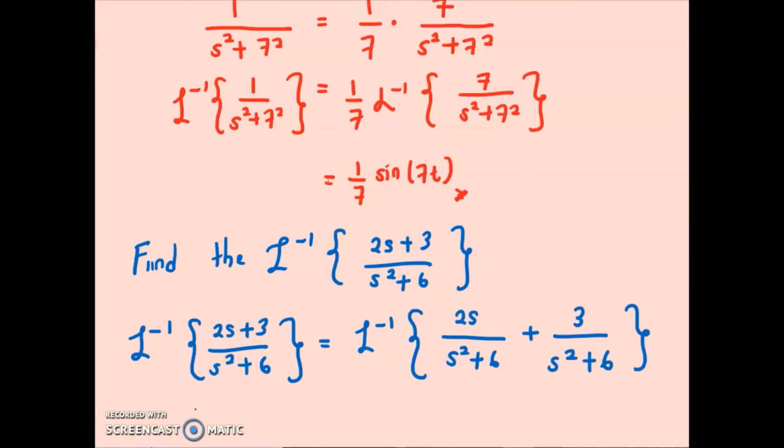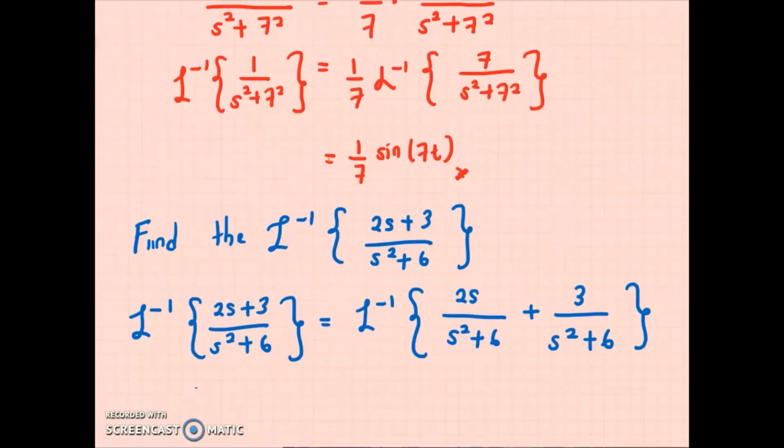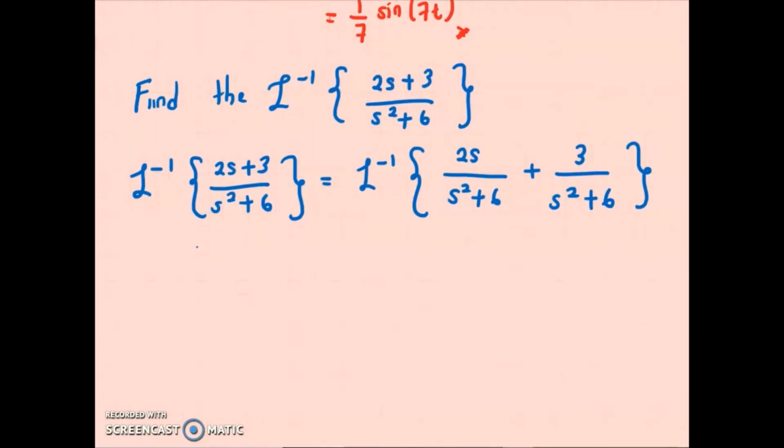Okay, this is the Laplace from the table. So what we do here now, we need to simplify. You have to agree with me, these are the same form, right? So I can combine it like this.